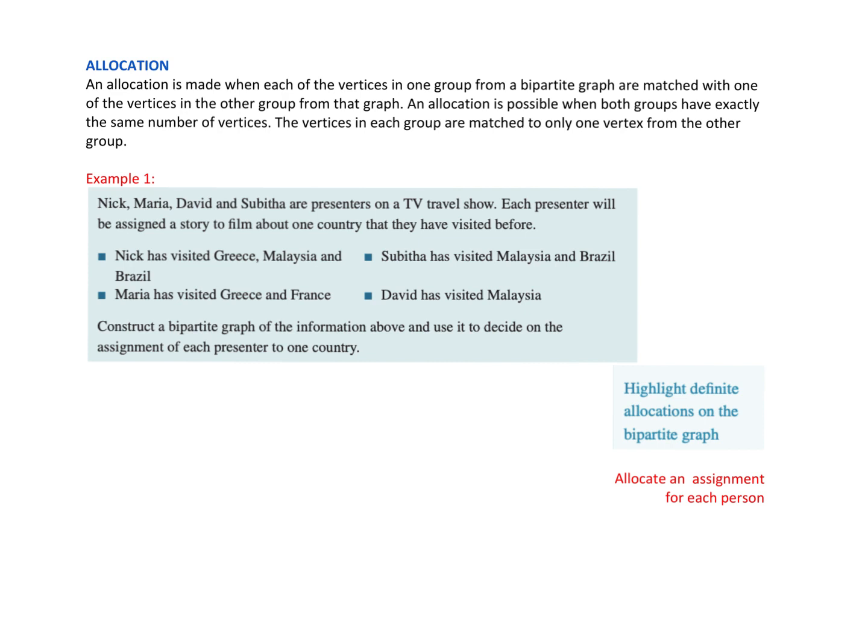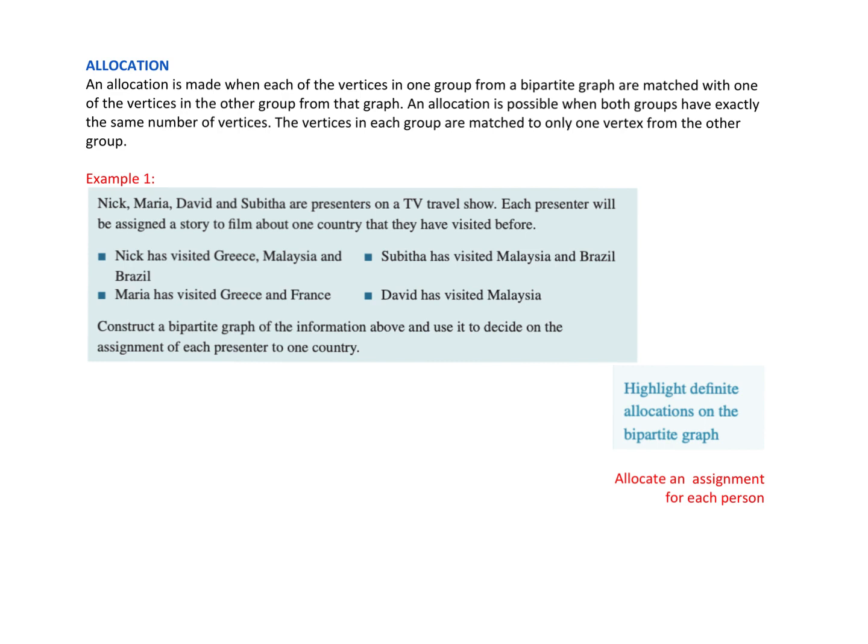We saw that the people were matched with an instrument, or in the one before, the theatre jobs were matched with the people. An allocation is possible when both groups have exactly the same number of vertices. Remember, there's the same amount of people and the same amount of jobs or things to be matched up to.